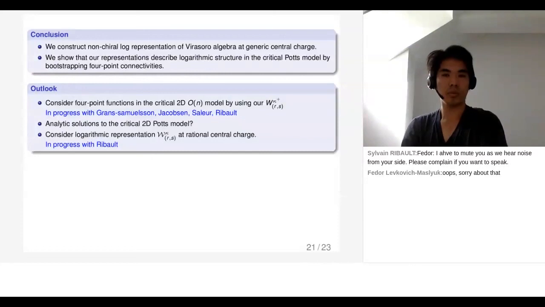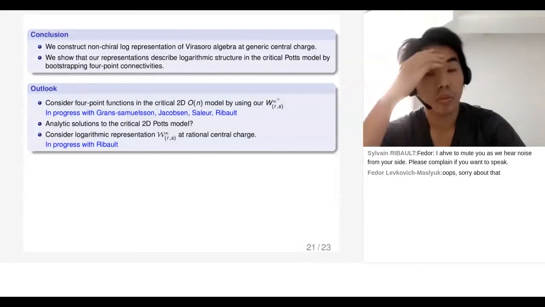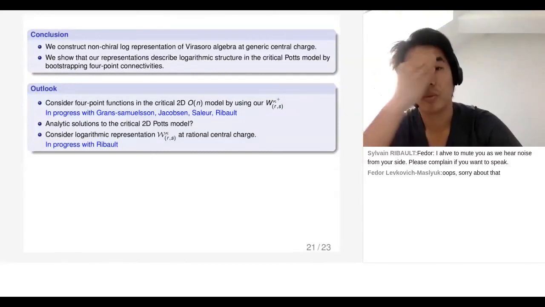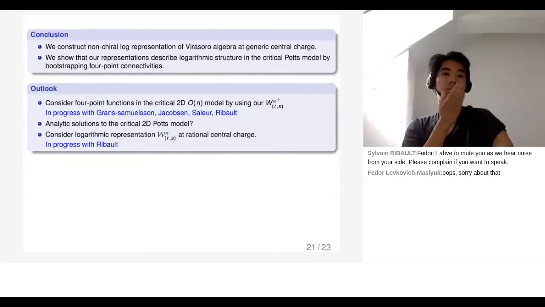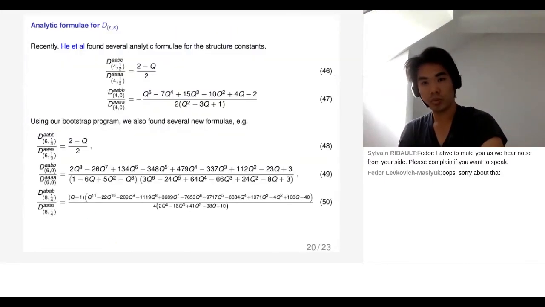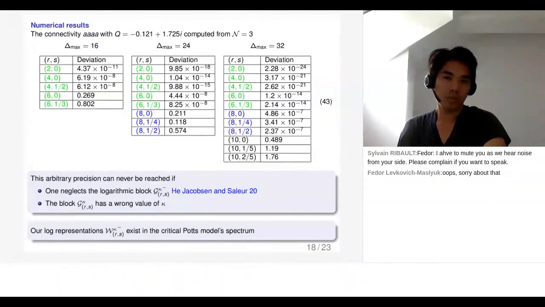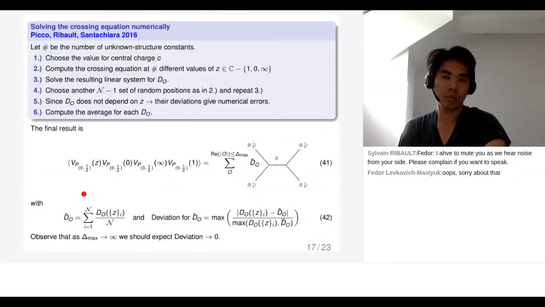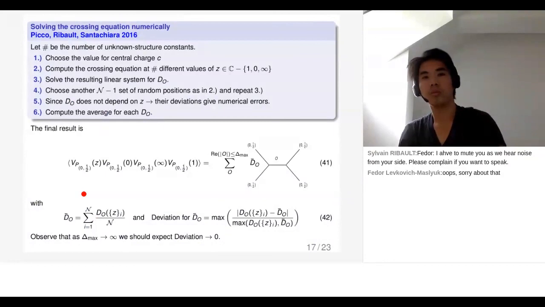I have a question. If I remember correctly, the work of He, Jacobsen, and Saleur was supposed to resolve, by enlarging the spectrum with respect to the spectrum in the work of Picco, Santachiara, and Ribault, certain divergences which could be present in the formula of Picco, Ribault, and Santachiara.